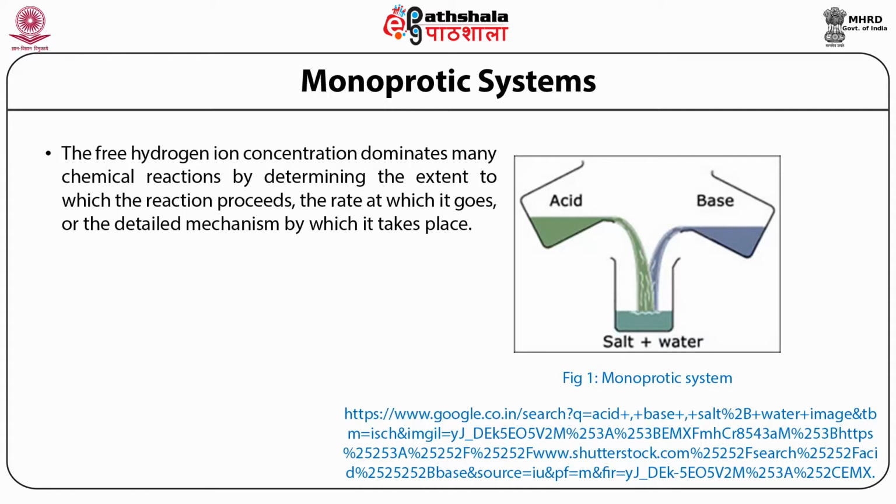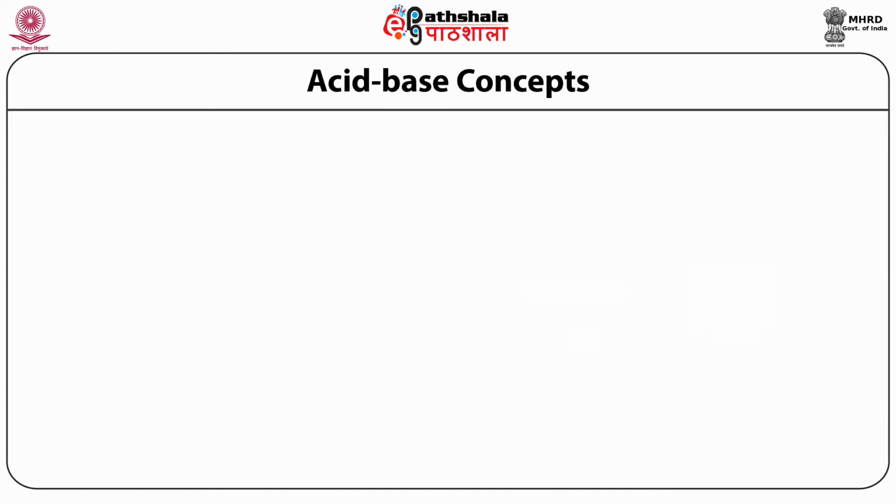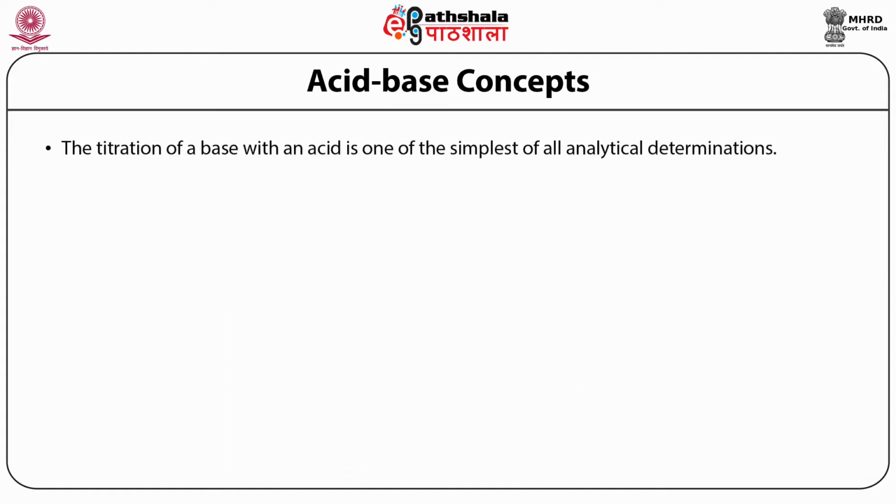Only the monoprotic system is shown here, and it shows that when acid and base are added, they form salt and water. The titration of a base with an acid is one of the simplest of all analytical determinations and is one of the first experiments to be studied by a student.